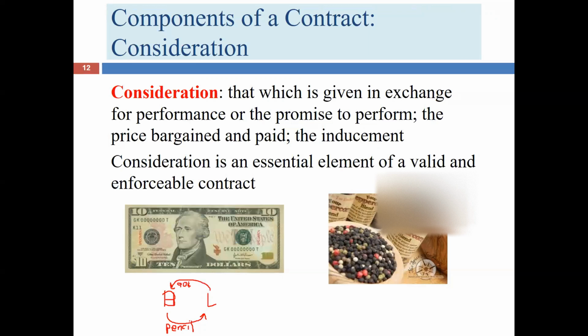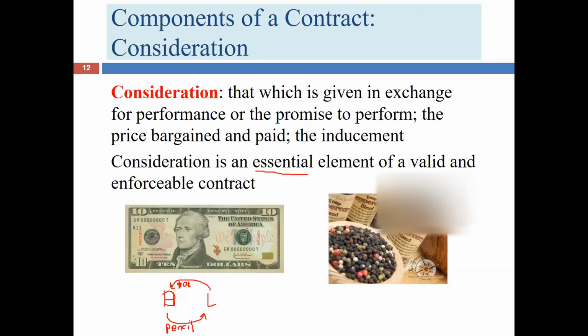It's hard to draw with this. Here we go, 10 cents. That's Larry's consideration. Bob's not going to give Larry the pencil unless Larry gives the 10 cents. Larry's not going to give Bob the 10 cents unless Bob gives Larry the pencil. These are the two ingredients that are necessary for this particular deal. This is an essential element.